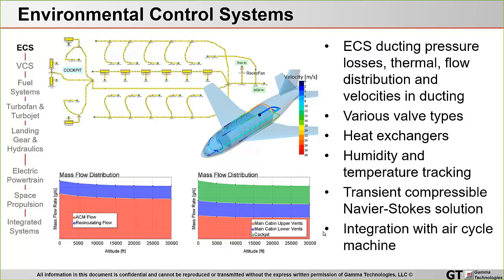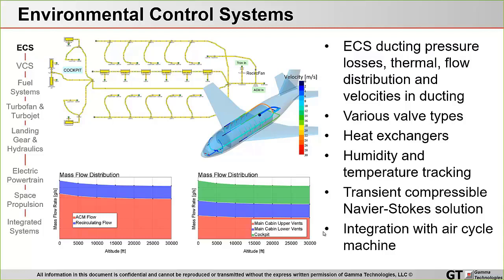Now, when building an ECS system, there are many components that go into that, including things like fans, heat exchangers, nozzles, valves, and so forth. And so these different components need to be hooked into the system, and all those components are certainly possible in GT Suite. Other things to mention here for ECS systems are humidity and temperature tracking.